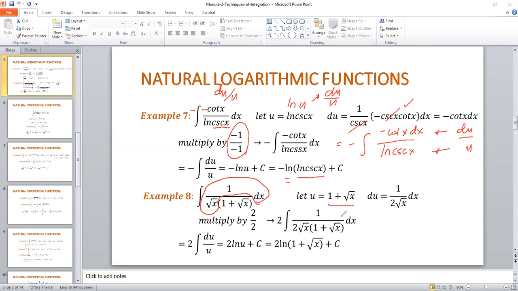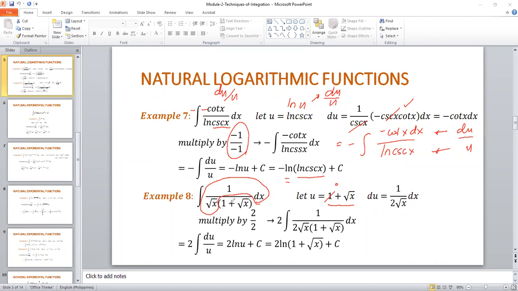If this is your u, the du of this will yield a 0 for the 1 because it's a constant. And the derivative of square root of x using power rule is 1/2 x raised to negative 1/2. And this is it. Okay?